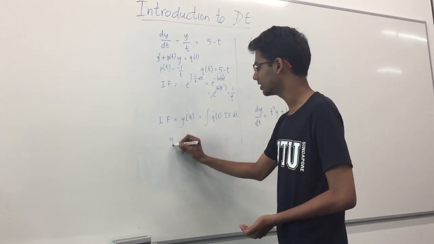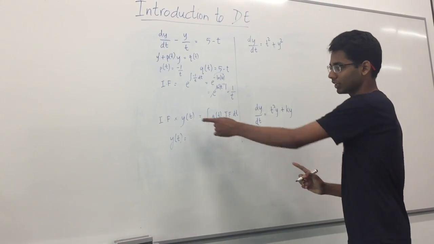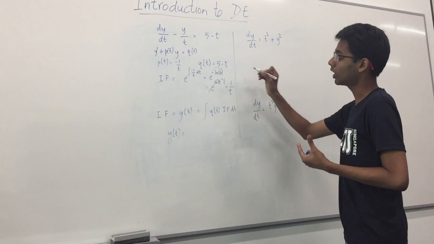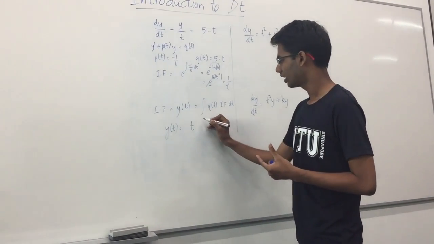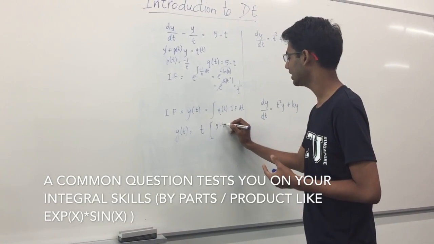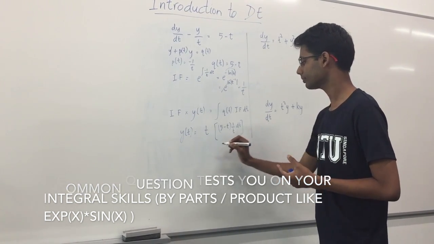So when you plug this in, you get y of t is equal to 1 over the integrating factor, which is 1 over 1 over t, so you end up with t. And for the integral, you end up with 5 minus t times 1 over t times dt.